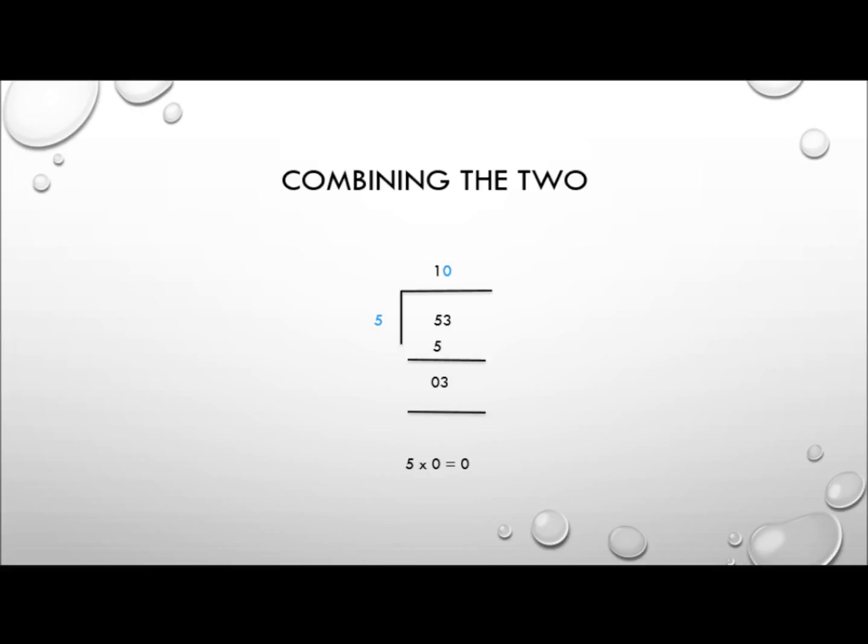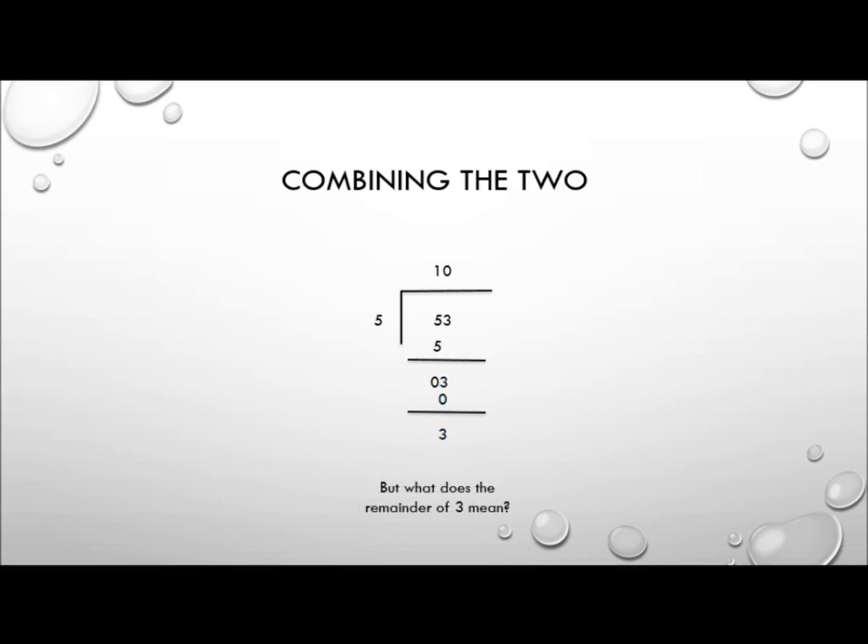Now we subtract the 0 from the 3, and that leaves a remainder of 3. So 53 divided by 5 is 10 with a remainder of 3.